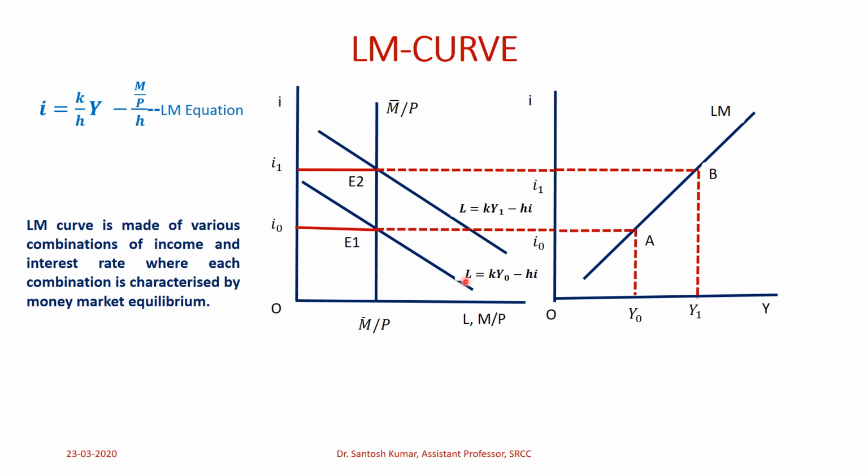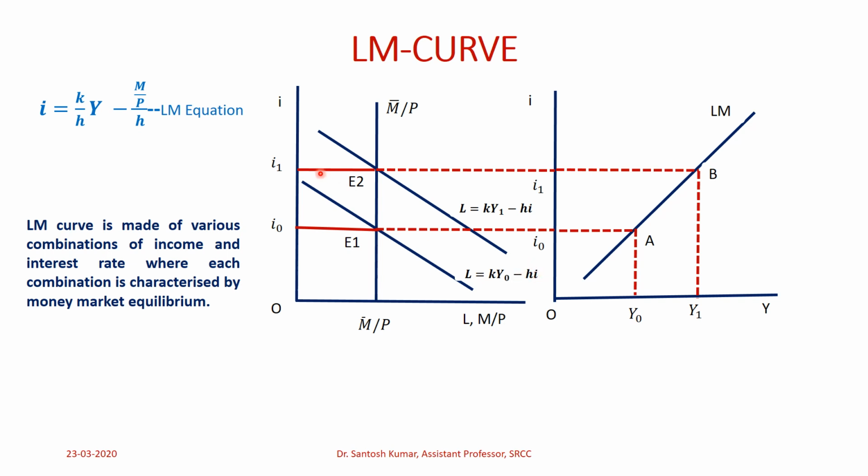Money demand positively related to income stands for money held by individuals for day-to-day transactions and for meeting contingency requirements. Money demand determined by the rate of interest is called speculative demand for money. So total demand for money is positively related to income and negatively related to the rate of interest.